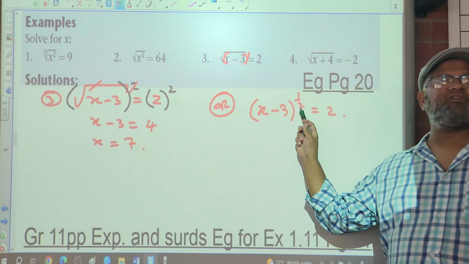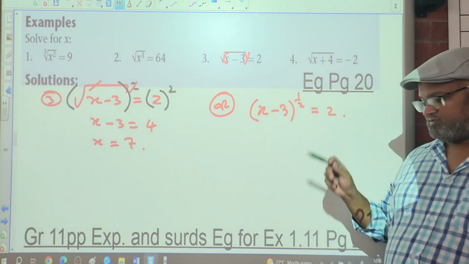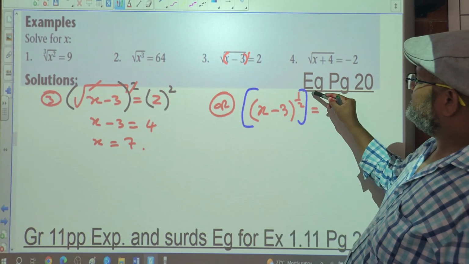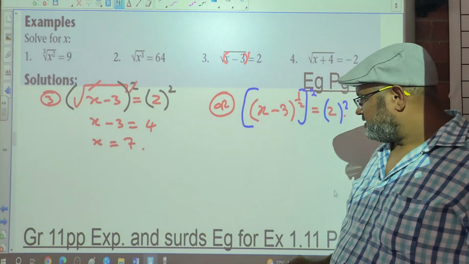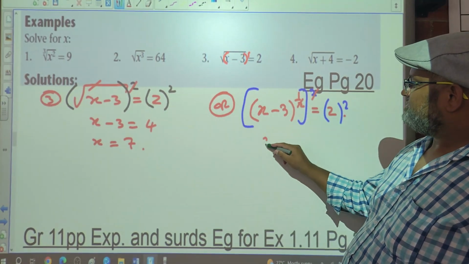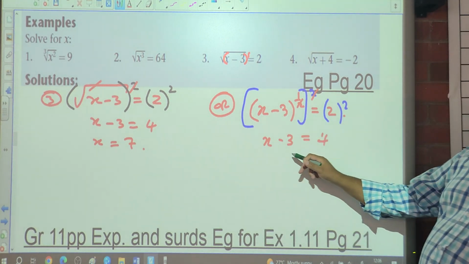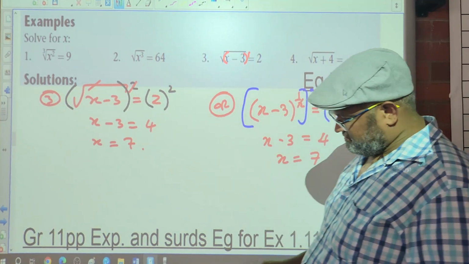If the denominator is even, what do we know? This number must be positive. Is it positive? So I can proceed. So I'll raise this to the reciprocal power, which is 2 on both sides. So that cancels. So x minus 3 is equal to, what's 2 squared? 4. So x is equal to 7.